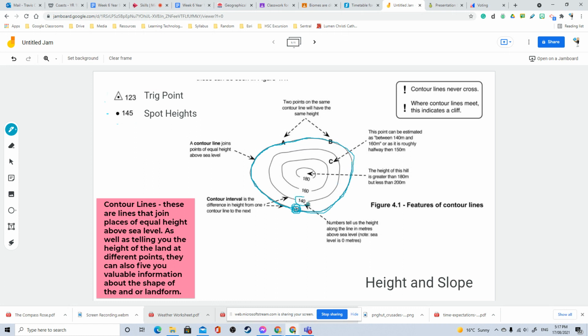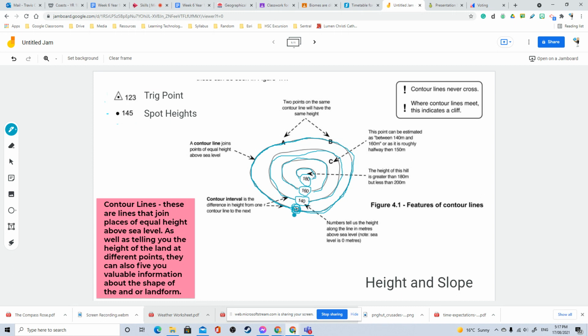This one here you'll see reads 140 meters. You can see that we've gone from 120 up to 140, so we've gone uphill. Everywhere along this point here is 140 meters above sea level. This one here, 160. Everywhere here is 160 meters. And this last one here is 180 meters, around here.